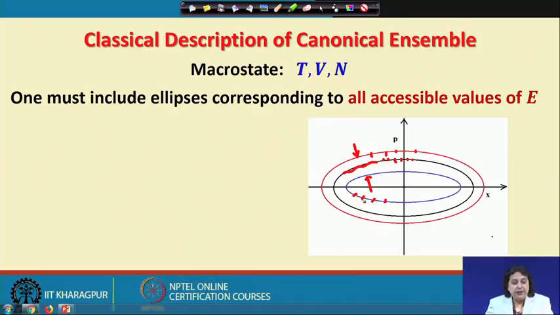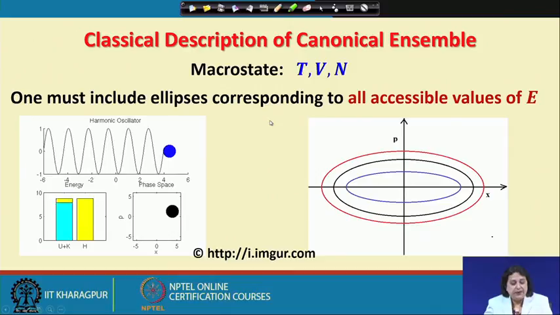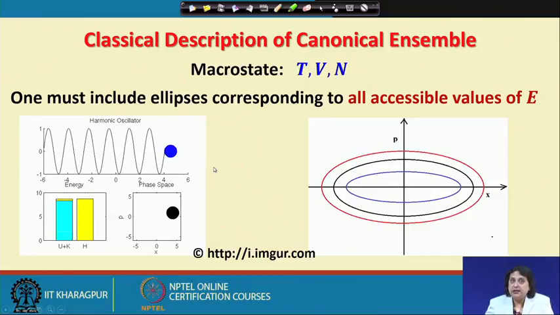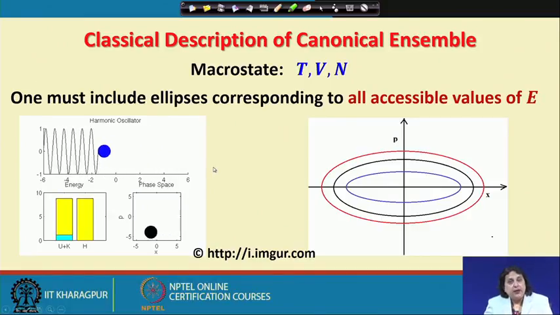This is what I mean by saying that in the phase space I must now include all the ellipses corresponding to the accessible values of E. What I am looking for is all the values of x and p of this harmonic oscillator oscillating in equilibrium with a thermal reservoir.